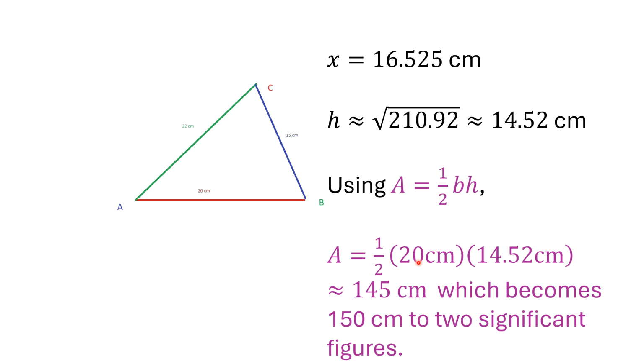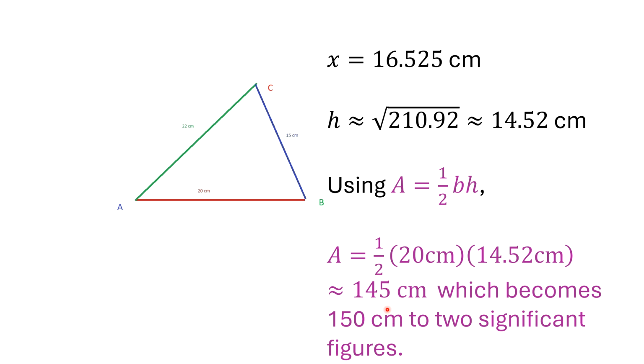Well, 1/2 of 20 is 10. And 10 times 14.52, that's 145.2, which I just rounded off to 145. And actually, since it's a little bigger than a 5, I see I have dropped the 2. I'm going to make that 150 centimeters to 2 significant figures.